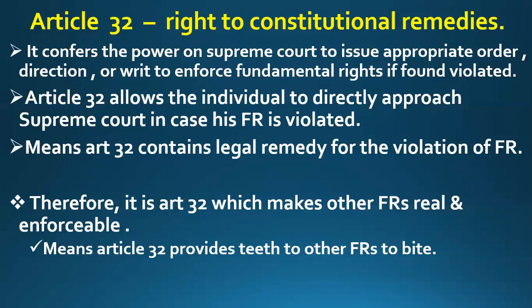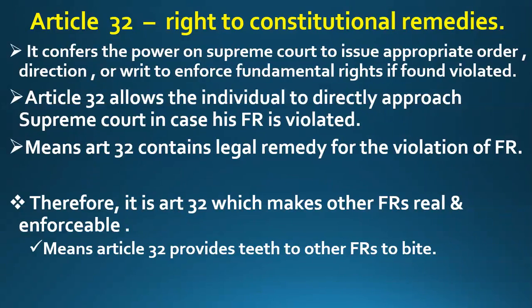Article 32 makes all other rights enforceable, because if there is no Article 32, then how will the Supreme Court be able to protect you? How will you be able to directly approach the Supreme Court? If there is no Article 32, then the government can easily exploit you and easily violate other fundamental rights. But it is Article 32 which gives extraordinary powers to all other fundamental rights.